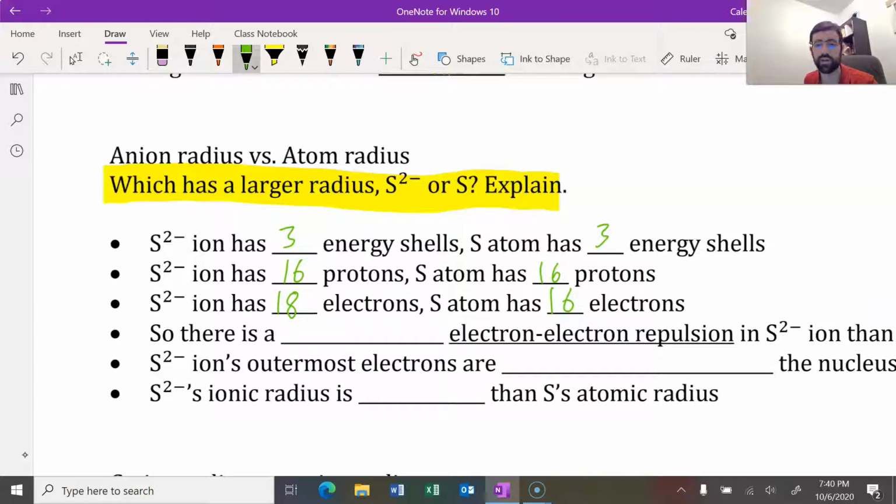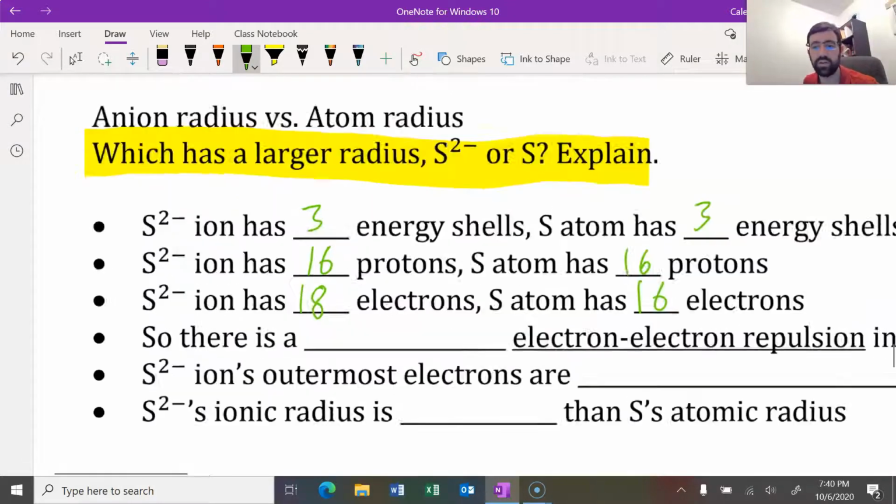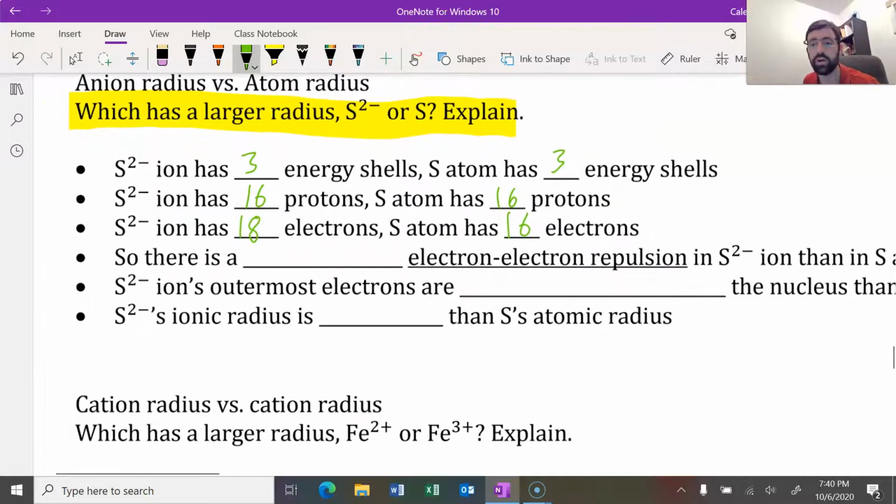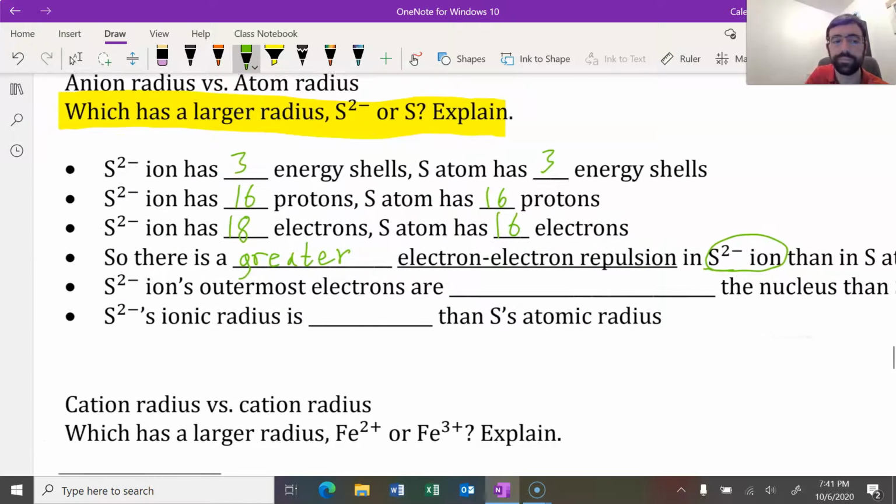So is there a greater or lower electron-electron repulsion in sulfide? Hopefully you saw that it is greater, a greater amount of electron-electron repulsion in sulfide than in the sulfur atom.